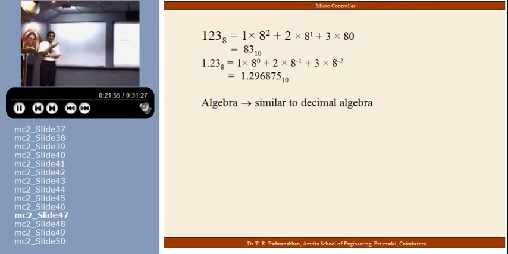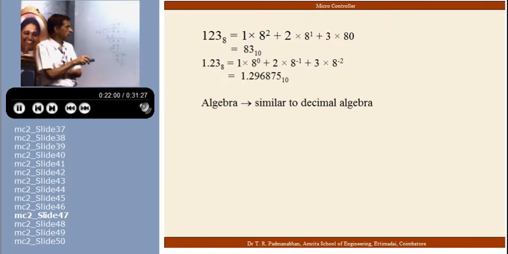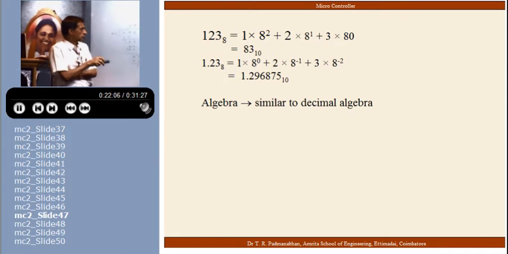Now, same thing I proceeded further here. 1.23 radix 8. It is 1 into 8 raised to 0 plus 2 into 8 raised to minus 1 plus 3 into 8 raised to minus 2. This decimal number is entirely different.